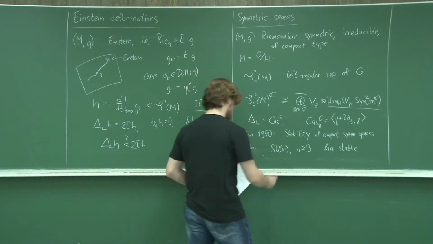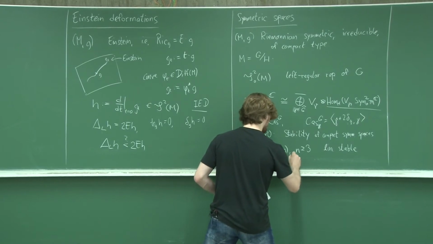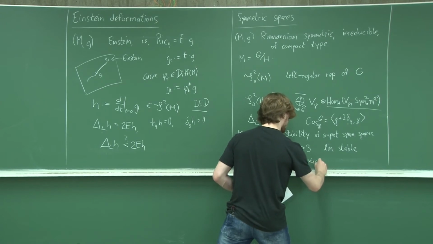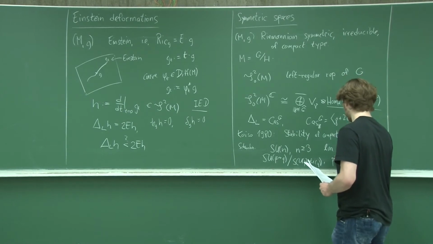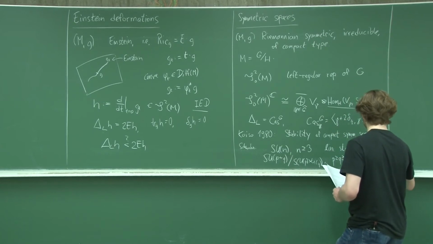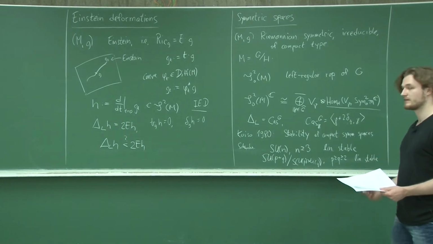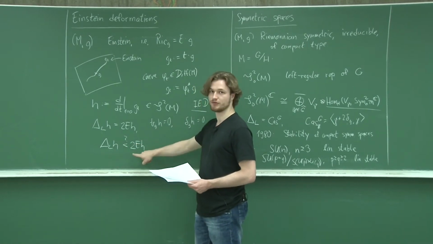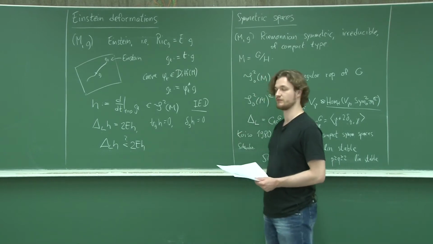And also the complex Grassmannian that's given by SU(p+q) over S(U(p) times U(q)) is, for p greater or equal q greater or equal to 2, linearly stable. So what does that mean? Basically, there does not exist any eigenvalue of this Lichnerowicz Laplacian that's smaller than 2e on TT tensors, so on trace-free and divergence-free tensors.